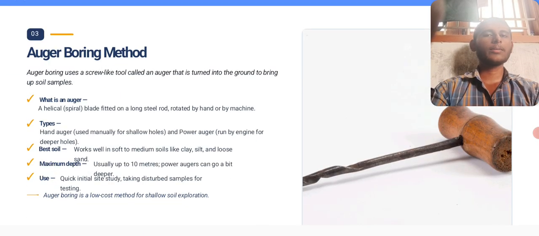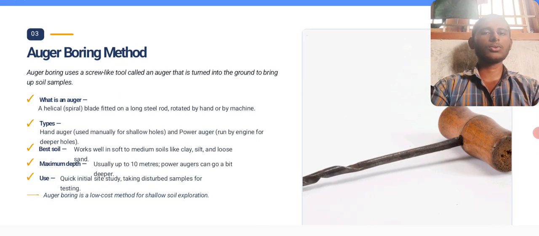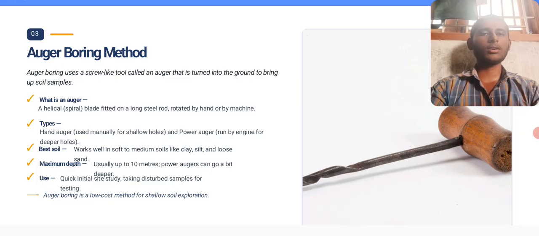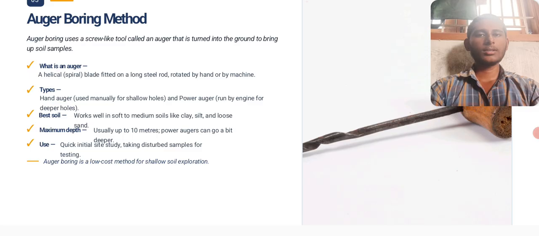Auger boring method. Auger boring uses a screw-like tool called an auger that is turned into the ground to bring up soil samples. An auger is a helical blade fitted on a long steel rod, rotated by hand or by machine.